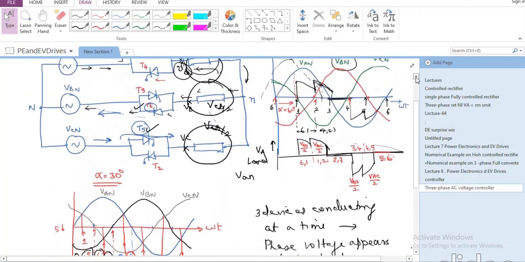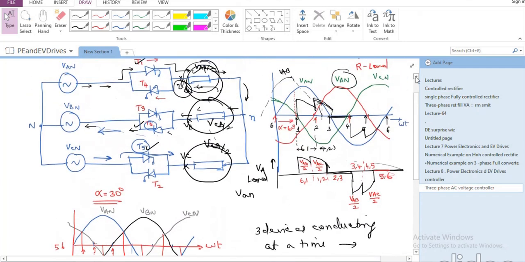If we try to analyze it with an inductive load, what will happen is the current would not finish itself right here. So I may have a current slowly increasing like this, and beyond a particular point, it will start coming down.